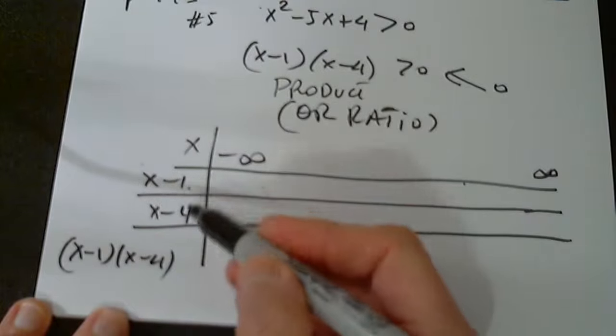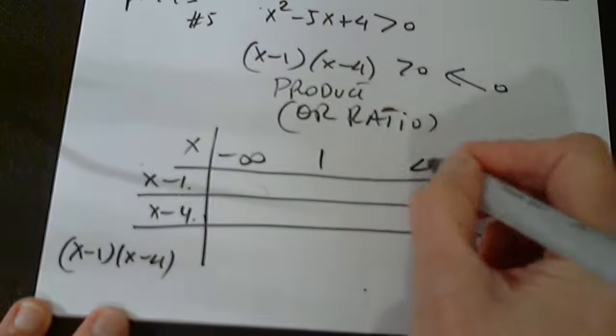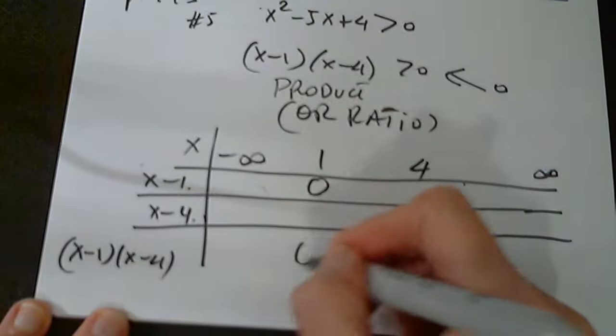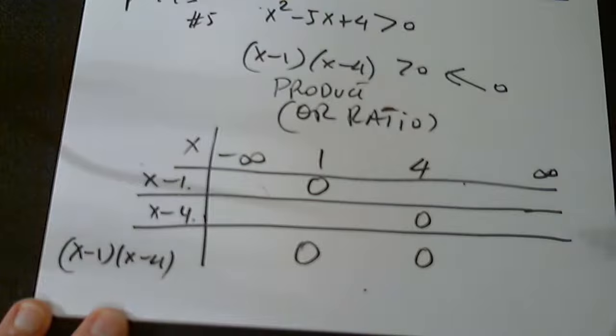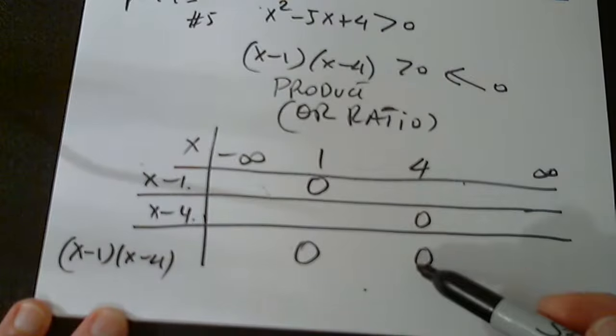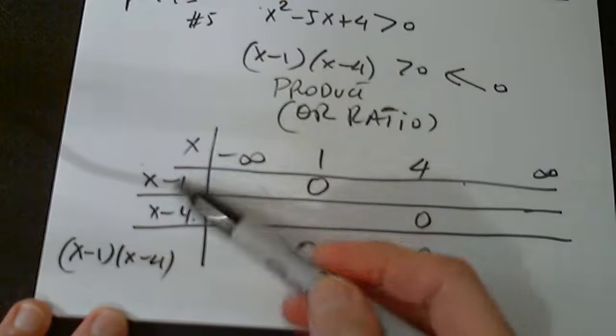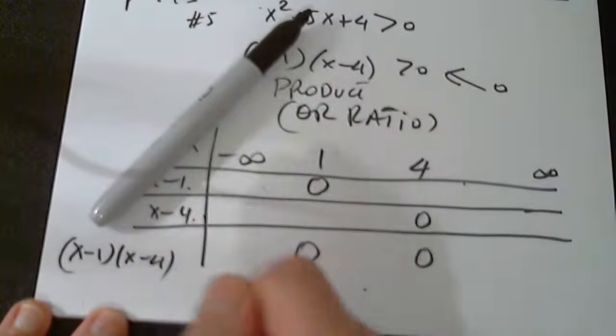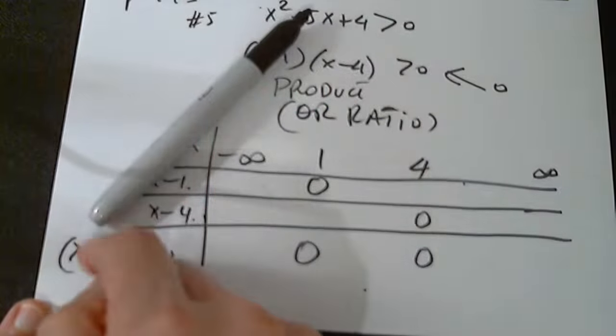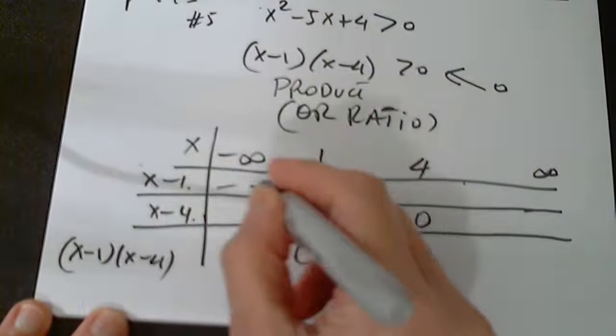It's 0 at 1, it's 0 at 4. Because if either one of them is 0, it's 0. Both of them are lines with a positive slope, from negative to positive.